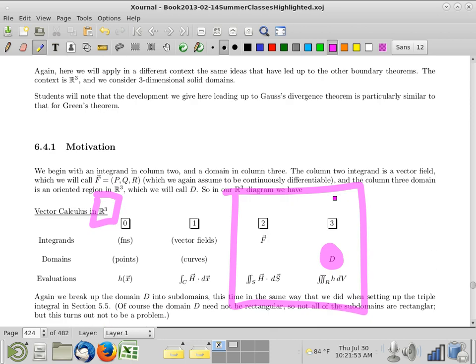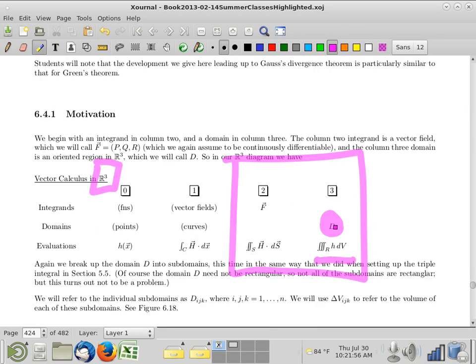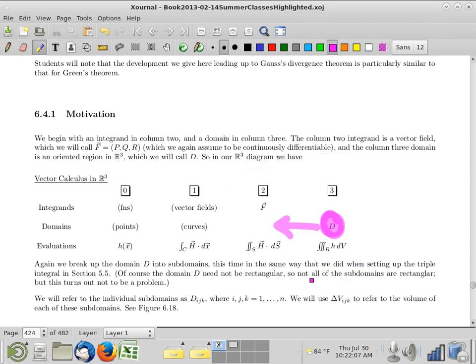And we're going to try to relate a triple integral over a solid like that by taking its boundary and making analogous arguments to what we've done already. We're going to try to relate to, given a vector field, over that boundary surface, we're going to compute flux, and we're going to try to make that look like a triple integral. And again, good news, it's going to work out. But just a different sort of context for the same ideas.